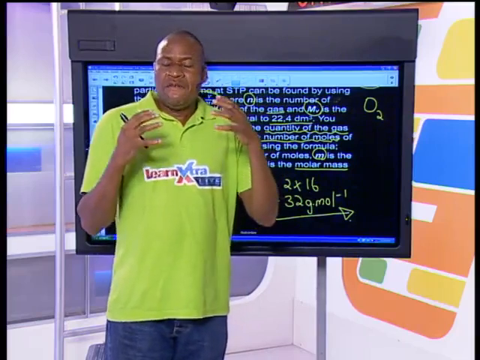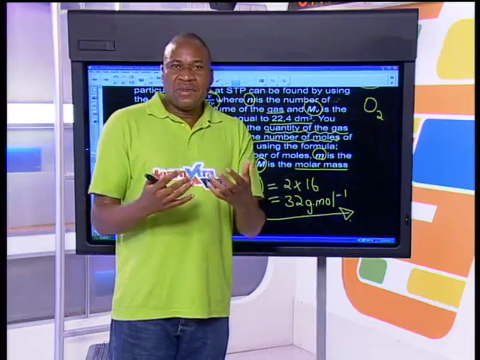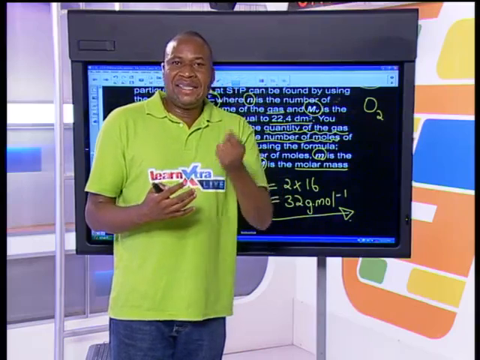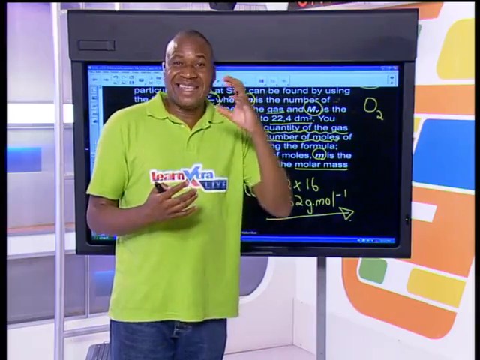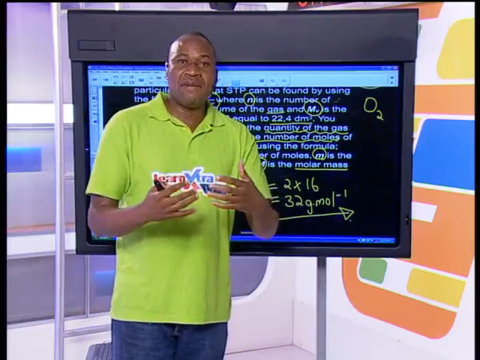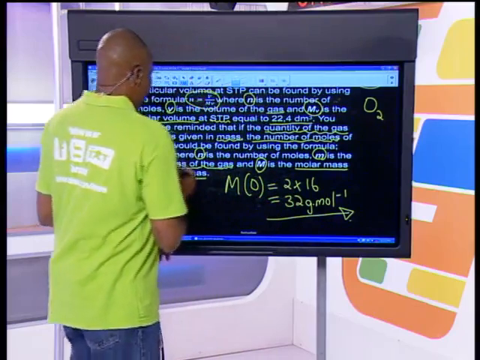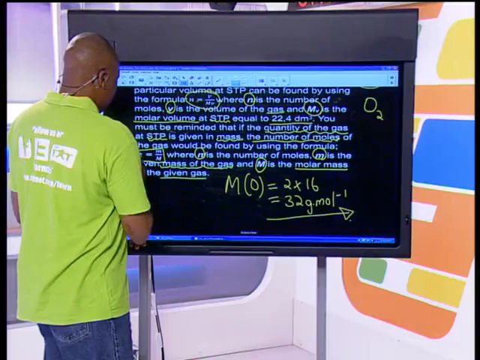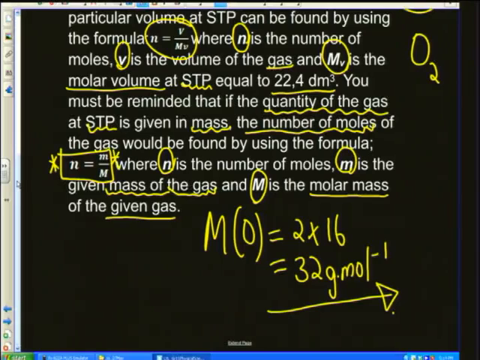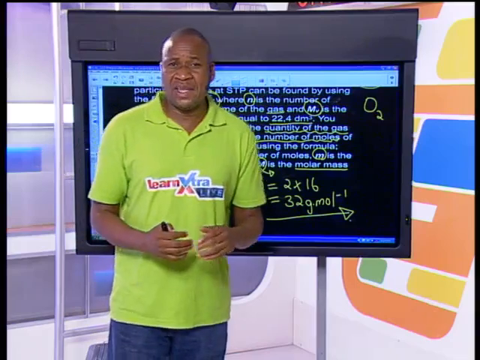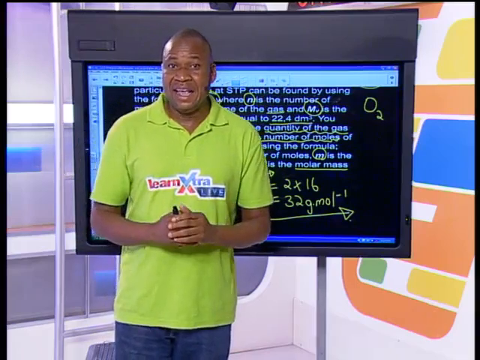So for any gas that is given to you, if the quantity is given in mass, grams, you can work out the number of moles using this equation. And if you're not given the molar mass, you are to work it out. This is the way to work it out. And I think we're going to work out something like that in this lesson as we proceed.